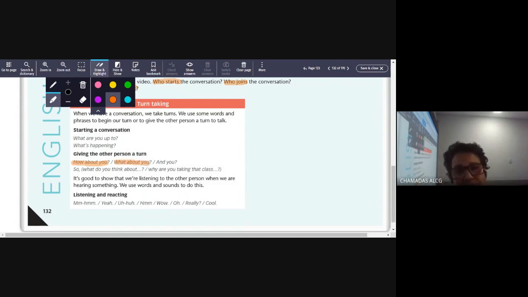E você? Qual a sua opinião? Ou simplesmente, and you. Ok? E você? And you. Então, quando a gente está numa conversa, é interessante a gente, depois que a gente dá a opinião da gente, pedir para outra pessoa também compartilhar a dela.